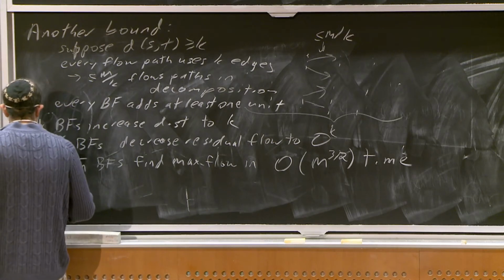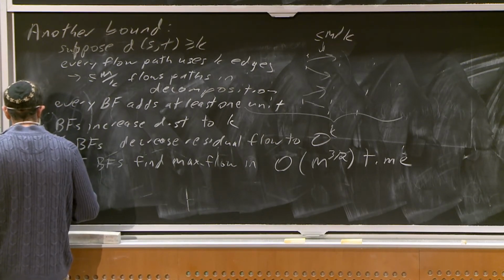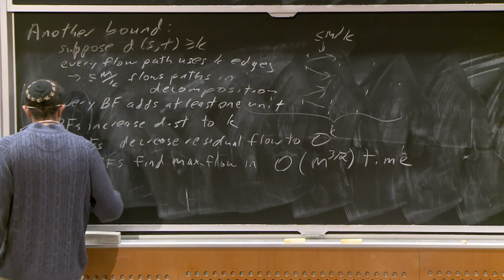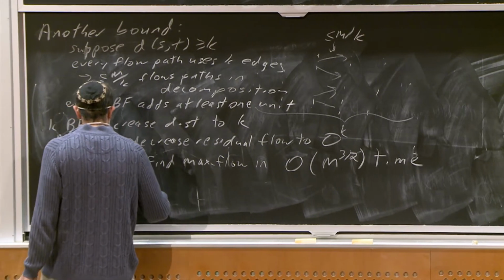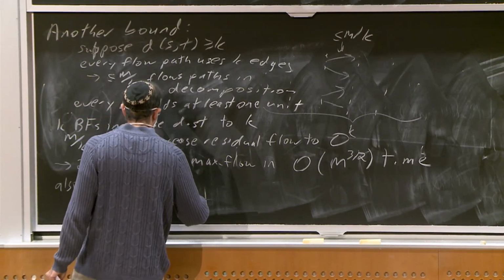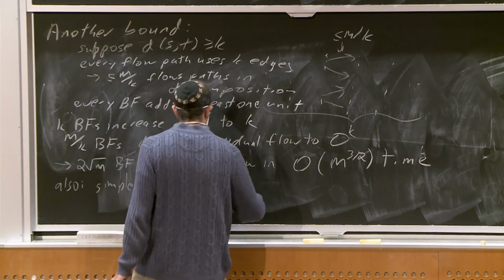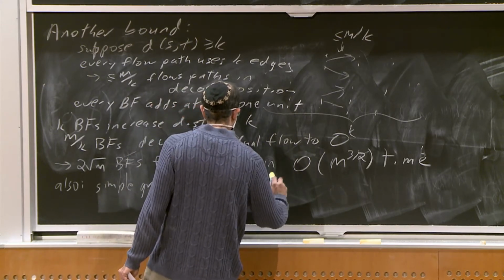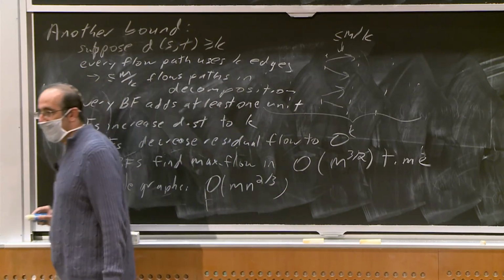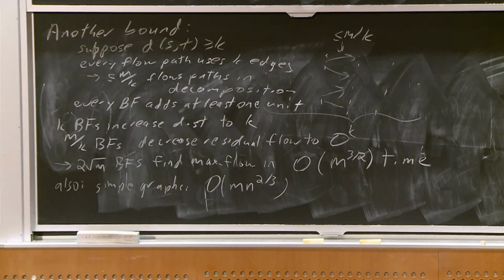There is an alternate analysis. In simple graphs, those are the ones without parallel edges, you can use a similar argument to prove an m n to the 2/3 time bound. So this is strictly better than the mn time bound.